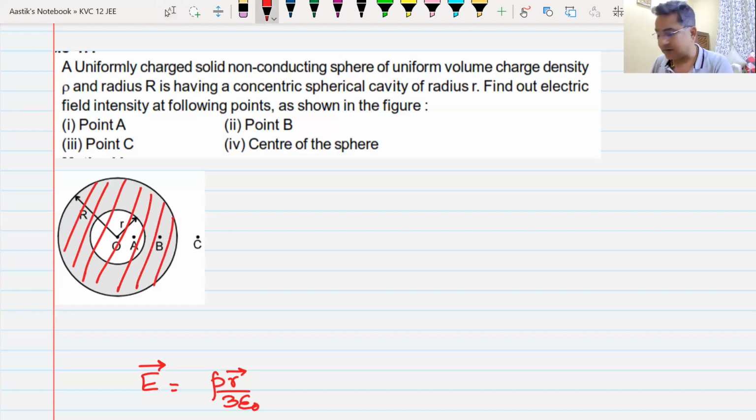So the electric field at point A, it is a full sphere made up of uniform charge density rho. And remember I will write it in the vector form so that everything takes care of itself. It will be rho r by 3 epsilon naught, where r is the distance of the point A from the center O. Yes or no?